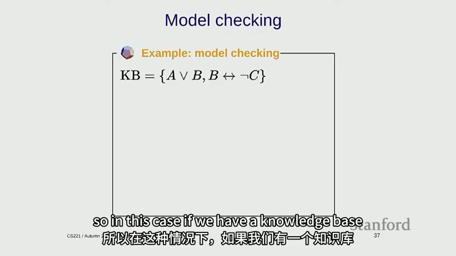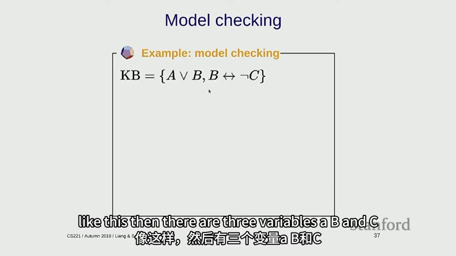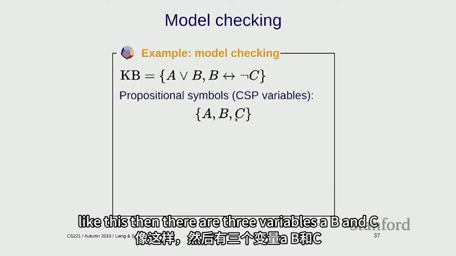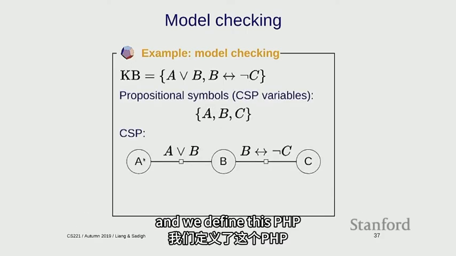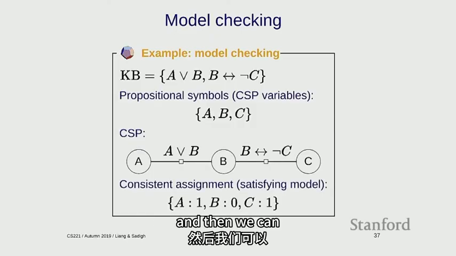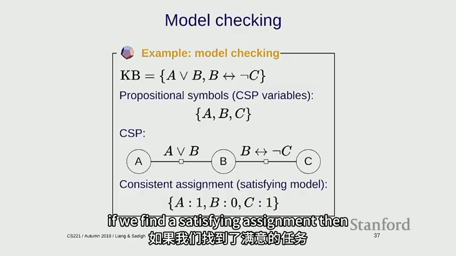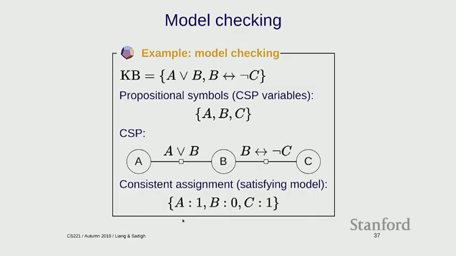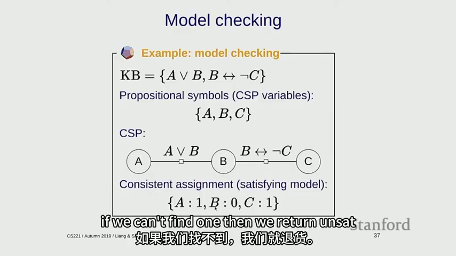So if we have a knowledge base like this, there are 3 variables, A, B, and C, and we define this CSP. If we find a satisfying assignment, we return satisfiable. If we can't find one, we return unsat.